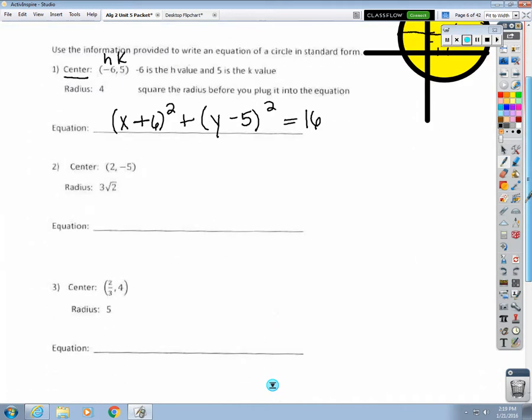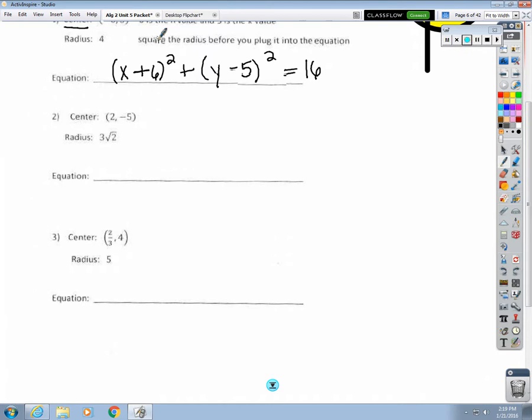I'm doing 2 more, and then we're done with the lesson. Number 2, they've given us a center at 2, negative 5, and a radius that is 3 square root of 2. They want us to write the equation of that circle. So I'm going to write out the equation: (x minus h) squared plus (y minus k) squared equals r squared.